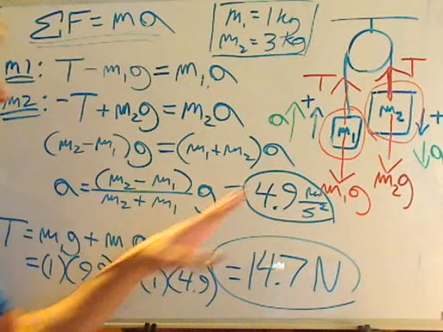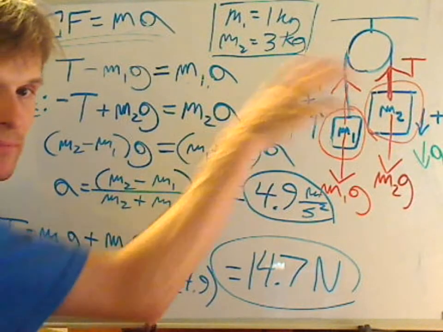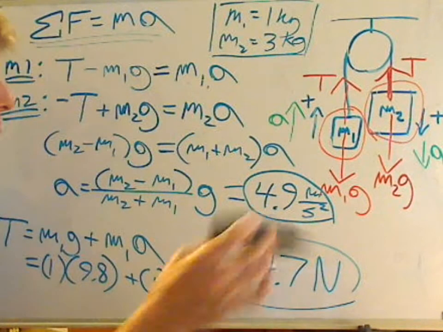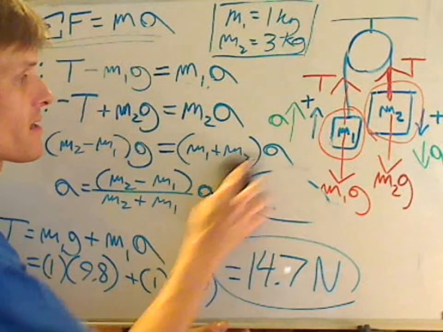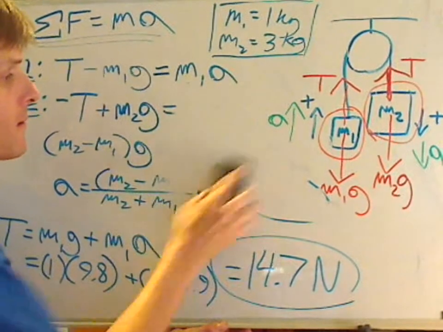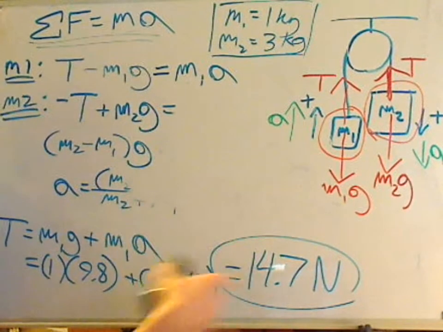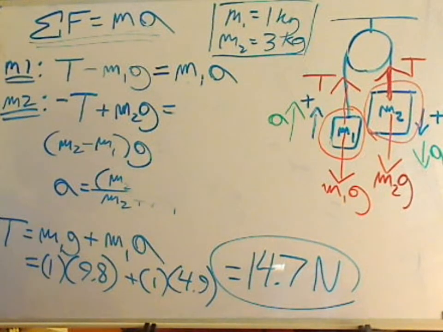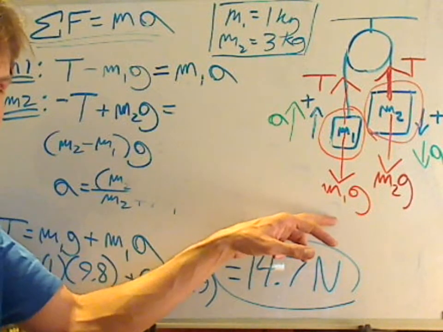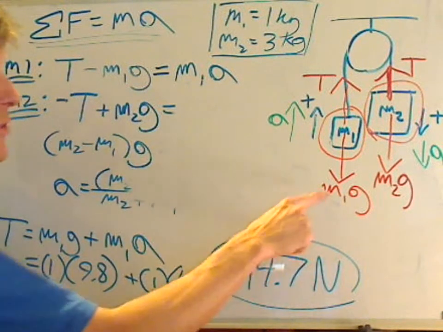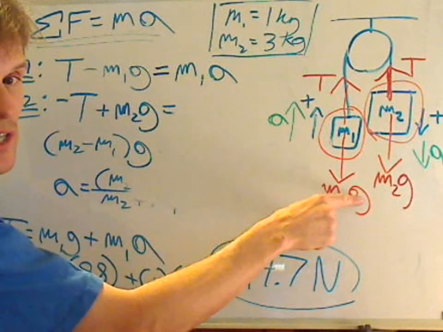So let's look at that. Let's put some of these numbers onto our diagram here. So let me erase some of this. I'll leave our tension of 14.7 newtons. So first of all, what is M1G? Well, M1 is 1, g is 9.8.